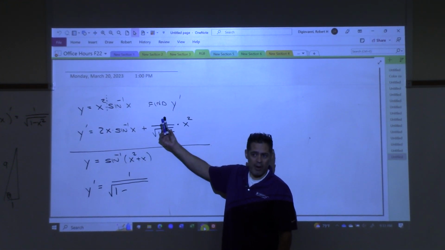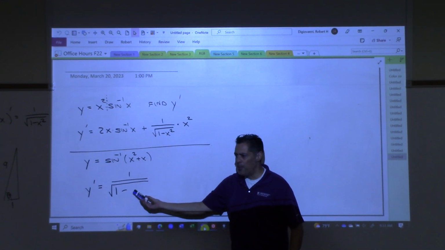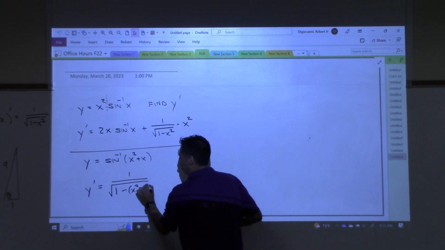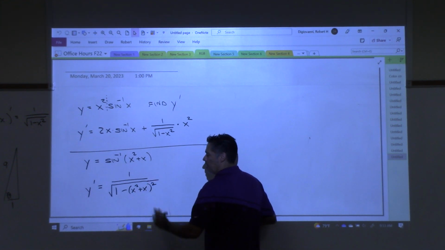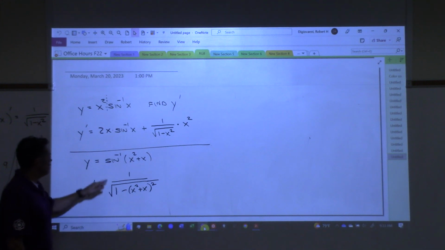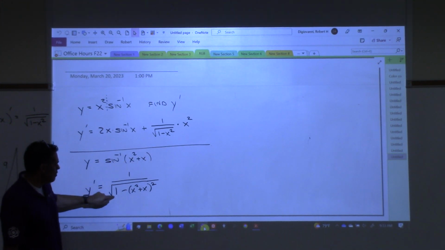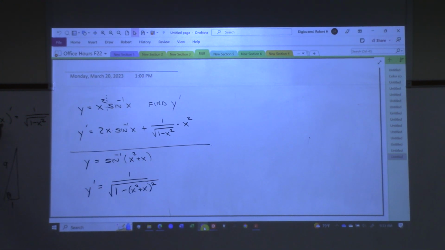It's the same chain rule we've been doing. So under here, don't put x squared. You put x squared plus x, squared. Everyone see that? The derivative of inverse sine of my hand is 1 over the square root of 1 minus my hand squared. Derivative of inverse sine of x is 1 over the square root of 1 minus whatever that argument is, squared.